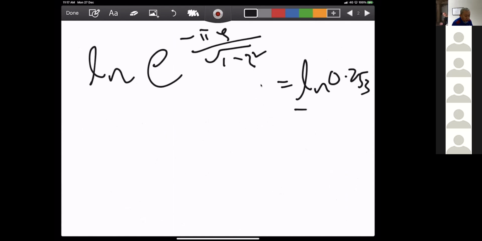Can somebody help me? Natural logarithm of 0.253. Negative 1.374.